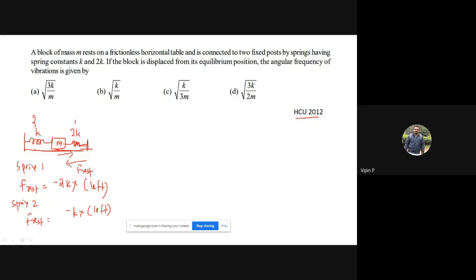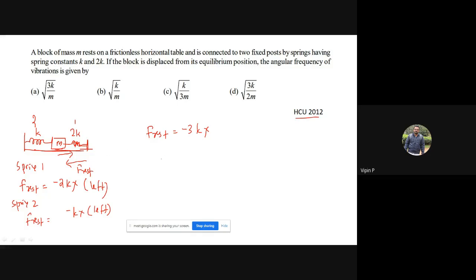Now this is being elongated towards the right, so a restoring force will be developed towards the left. Now the total restoring force would be minus 3kx. Absolutely no question about that, because these two are vectors acting in the same direction, so the resultant would be just the sum of those two.